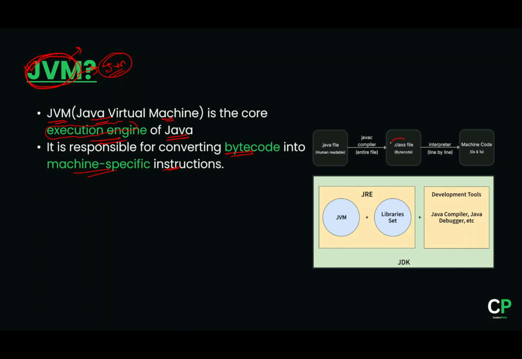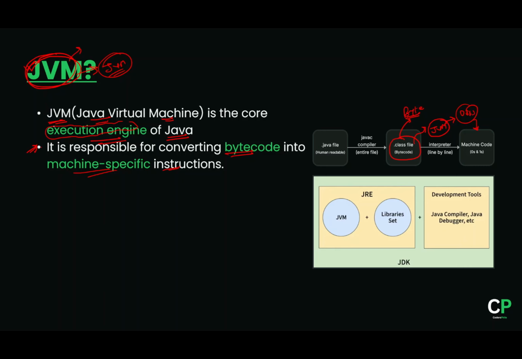So here it is our bytecode. It is not in machine instructions. It is the work of the JVM to take this .class file and convert it into zeros and ones, that is, machine specific instructions. So that is the role of the JVM.